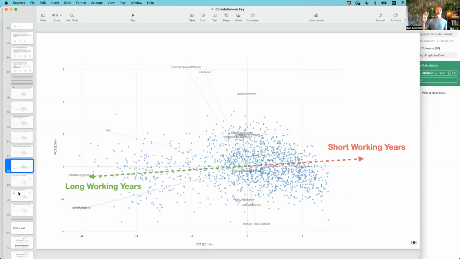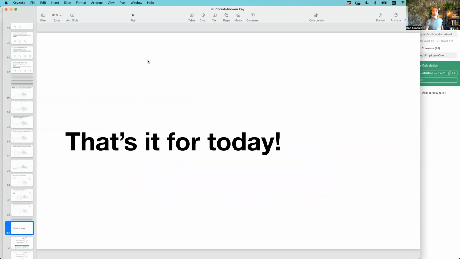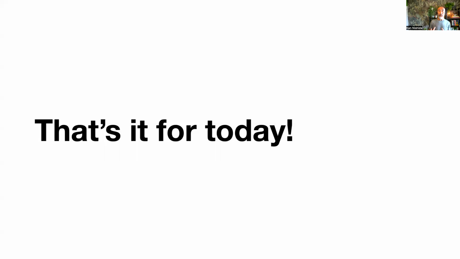The fourth is using the PCA to understand the overall picture among the variables and all the roles, or the employees in this case. At the beginning, I was talking about why correlation is the most powerful and most useful tool in any data analysis you do. Okay, so that's it for today.